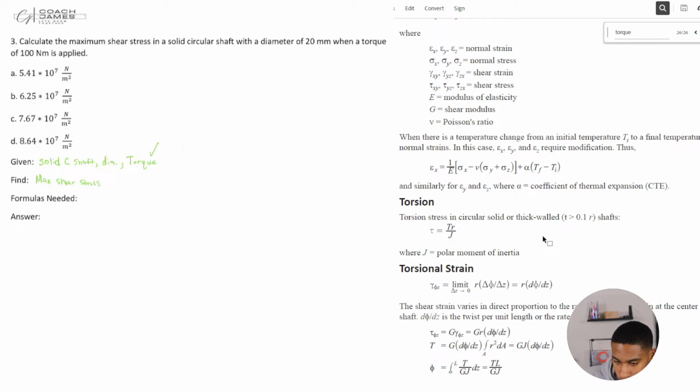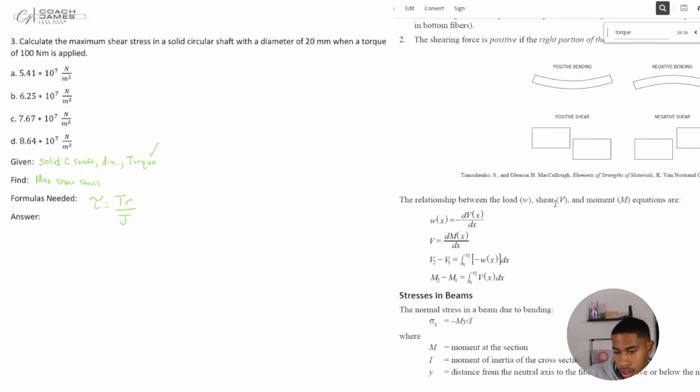I don't know if we're given that, but can we use a diagram to get J? I believe I'm in the right spot. So stress is equal to T R over J.